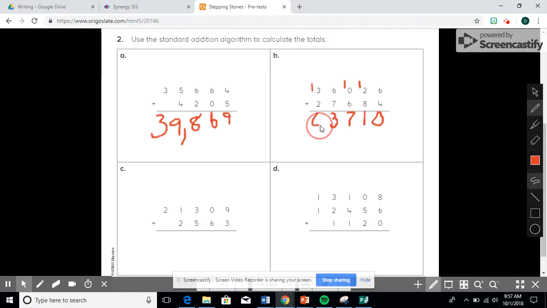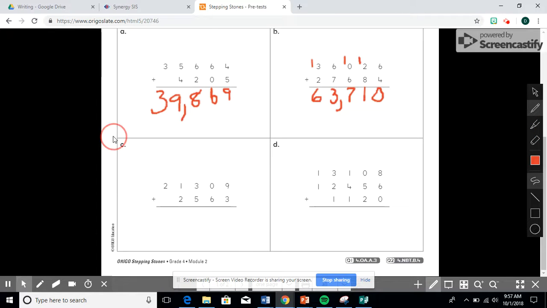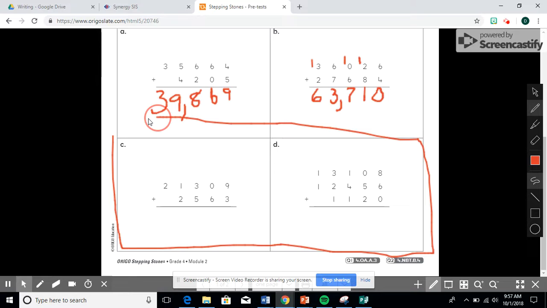Plus 1 is 6, so my answer will be 63,710. I want you to pause the video and do letters C and D on your own. And make sure you are moving right to left. We don't add left to right.